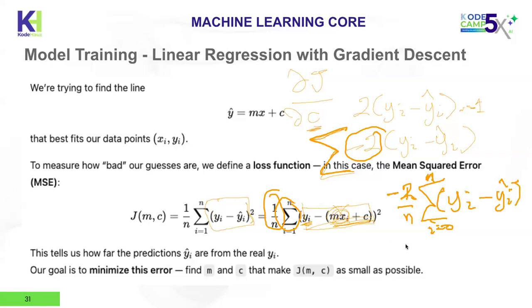So this is for c. For c, there's no xi element because c is on its own. c is not attached to xi. But m is attached to xi. That's why there is an xi affecting it. The yi here does not change with respect to the parameters. It's a fixed point that you're trying to predict.